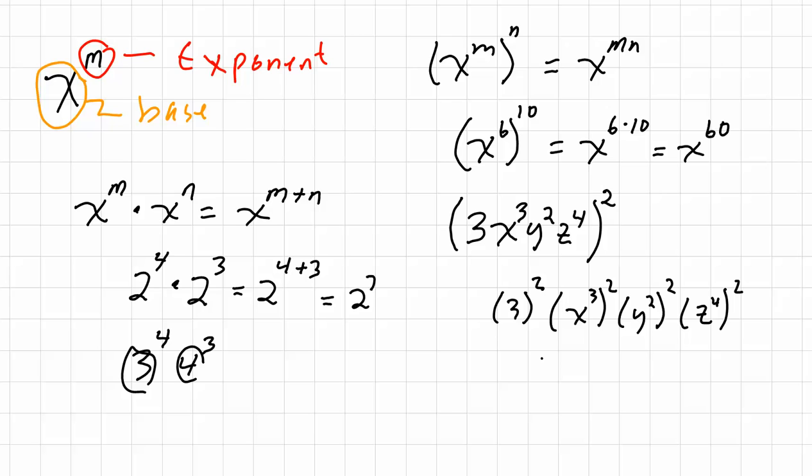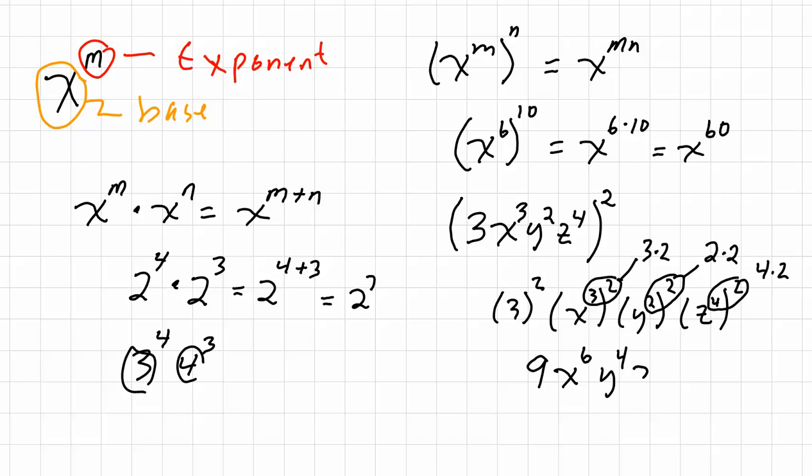So 3 squared is 9. x to the 3rd raised to the power of 2, that becomes 3 times 2, so x to the 6th. The y squared squared, 2 times 2, so we have y to the 4th, and then z is 4 times 2, so we have z to the 8th. And that's all we can do with that simplification.